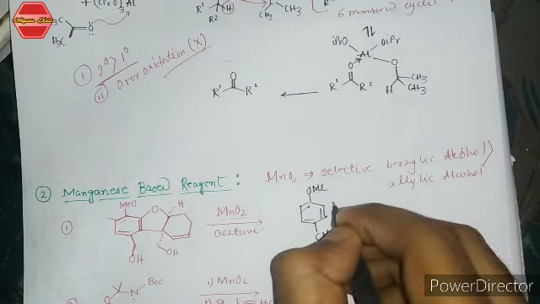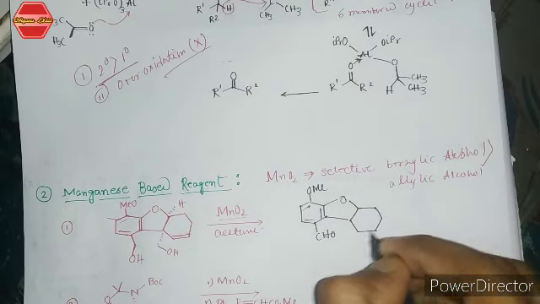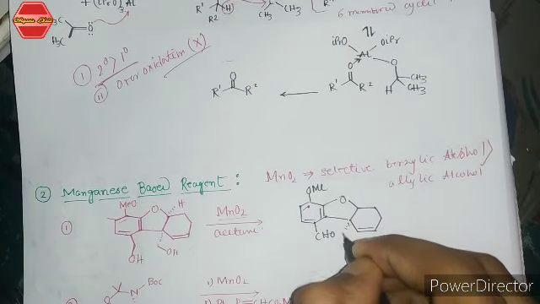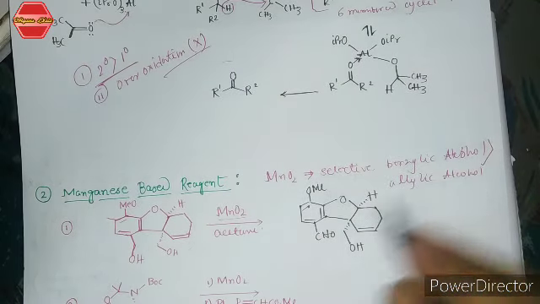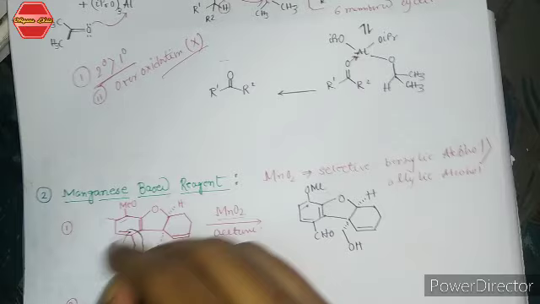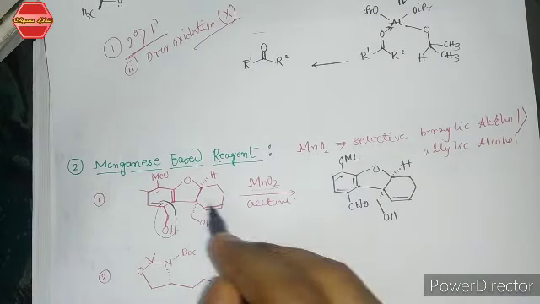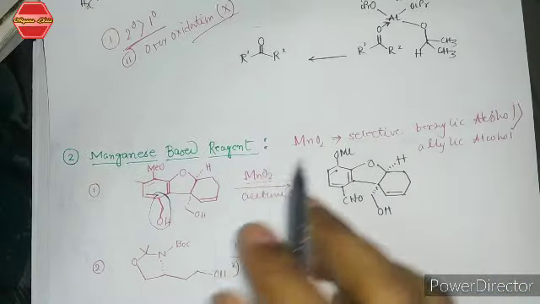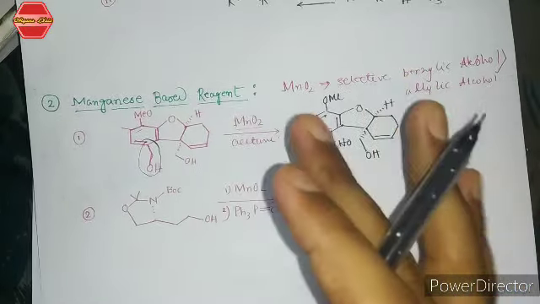This is your aldehyde. So this is your overall product. This part will selectively oxidize, because this is a benzylic position and this is an allylic position. Okay, questions also come from this topic in CSIR-NET, GATE and IIT-JAM.